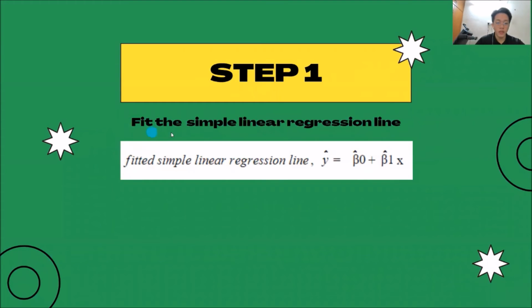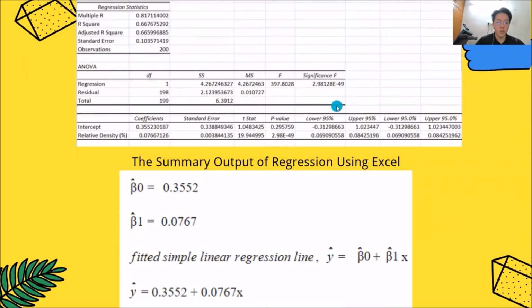First, we fit the simple linear regression line. The equation for the fitted simple linear regression line is y hat equal to beta naught hat plus beta 1 hat x. Beta naught hat represents the intercept, and beta 1 hat represents the slope or gradient. For our group, we use Excel to do the regression, and this is the summary output of regression using Excel.